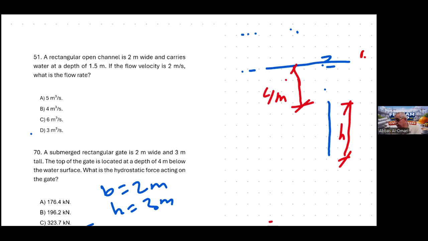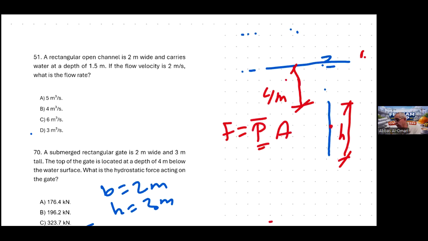Now, the easiest way to calculate the hydrostatic force is F equals P multiplied by the area of the gate. Now, P is the pressure at the geometric centroid of the gate. Now this is vertical, so the centroid is at h/2.